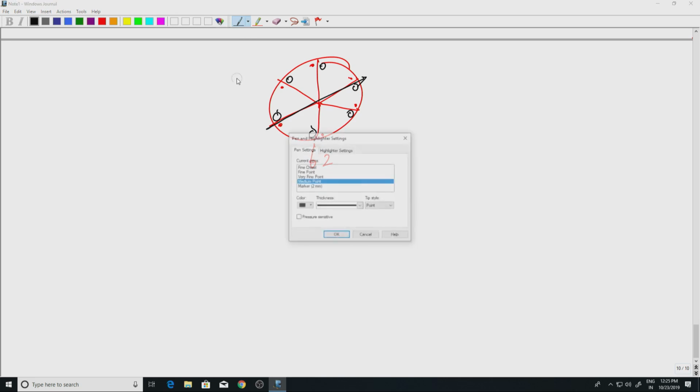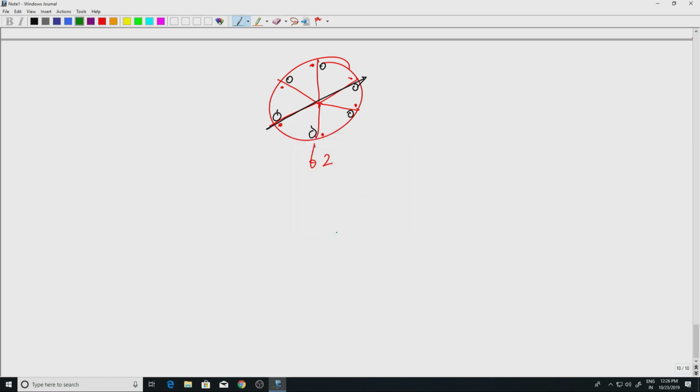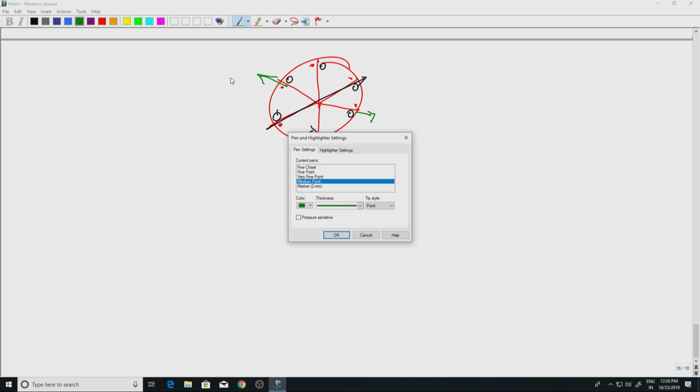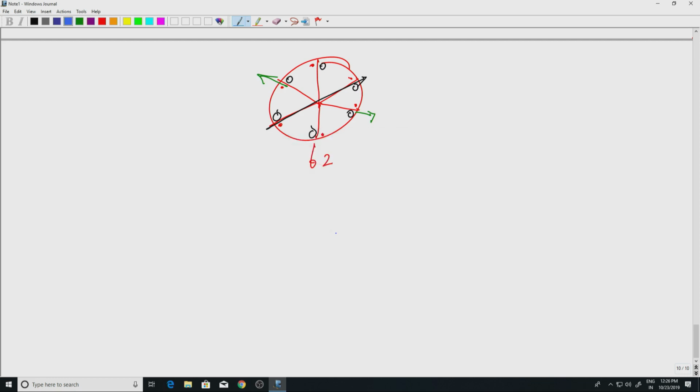Further we can see here a two-fold is getting generated here. Similarly, a two-fold is getting generated here. So 6 2 becomes 6 2 2.